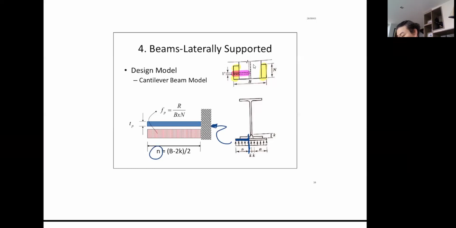See, that is the end. So the end is basically equal to the width of this plate minus 2k, and then divided by 2. I was confused with this k distance as well, because they use the k in the vertical one and then apply it in the horizontal direction. So if I am going to expand this picture a little bit.